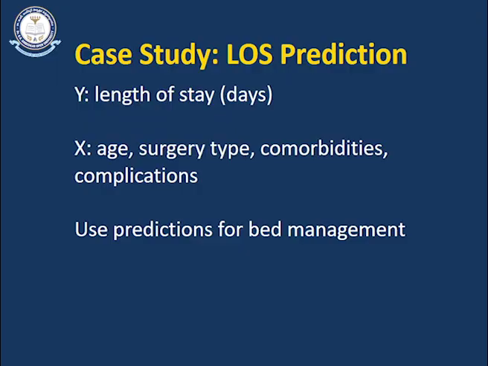You can clearly see the partial effects. Then look at the case study also, like the length of stay: how many days the patient actually stays is dependent on predictors, where X equals age, surgery type, comorbidities, and other complications.